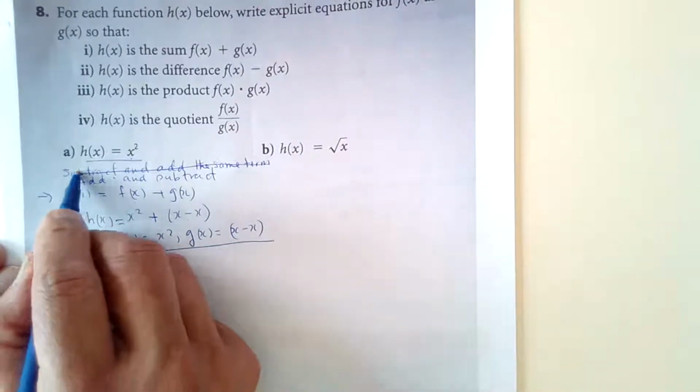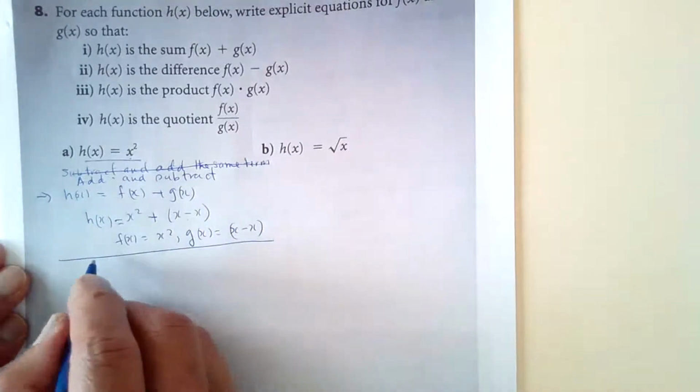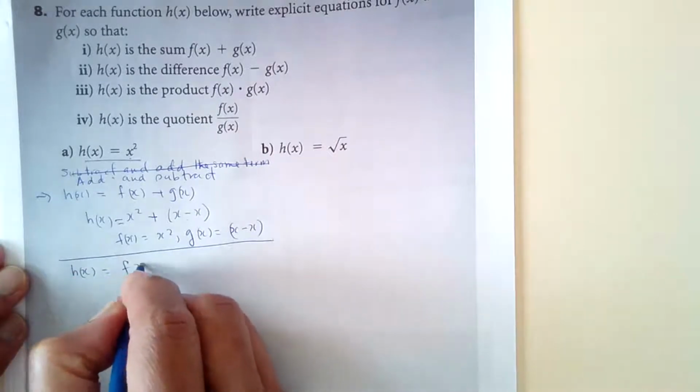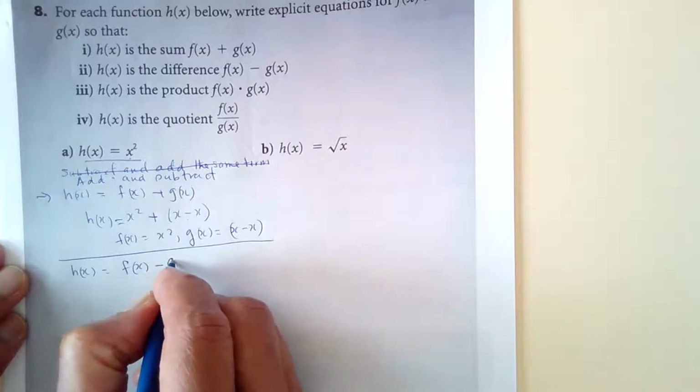Now, we'll subtract and add for the difference. So we have h of x is equal to f of x minus g of x.